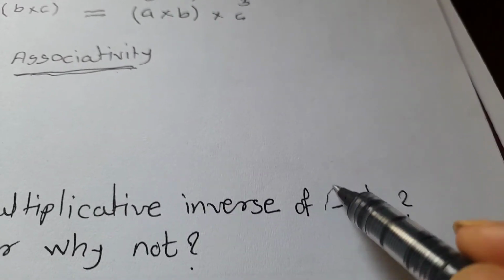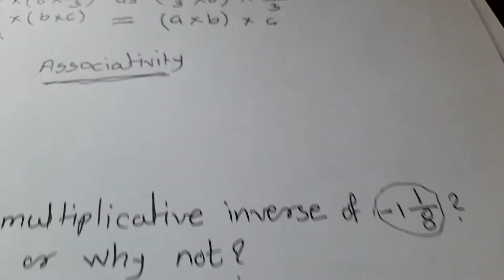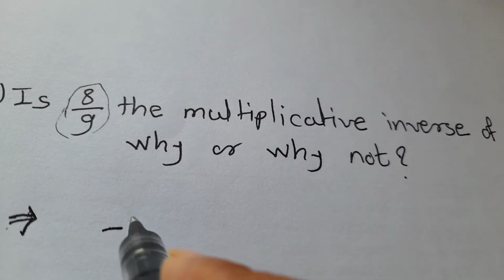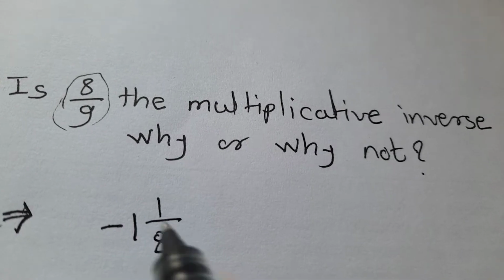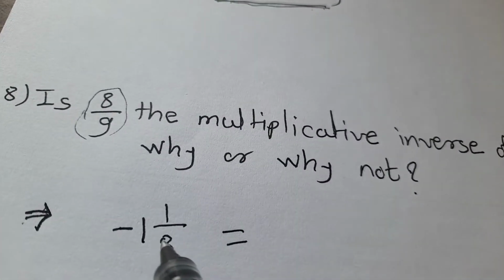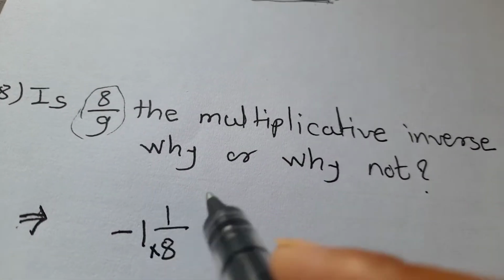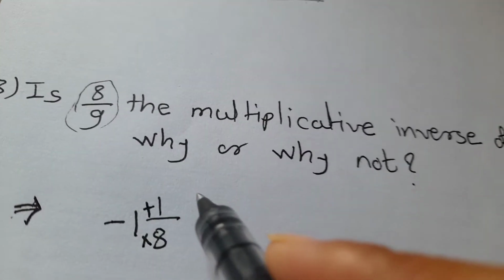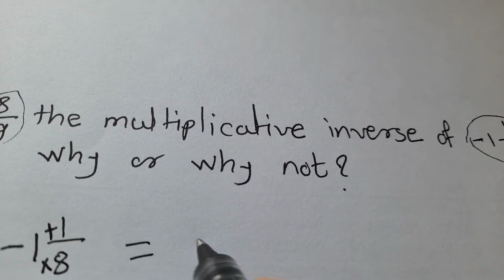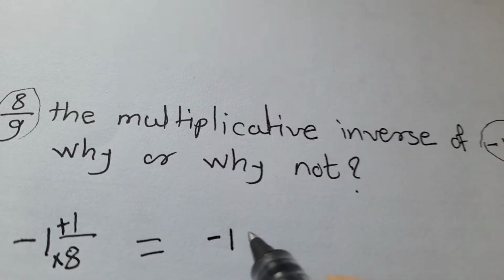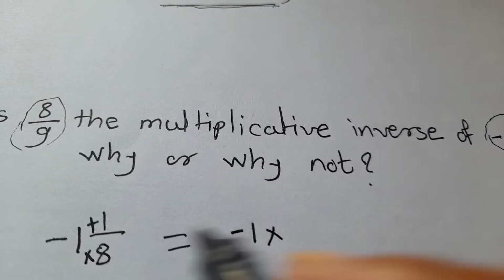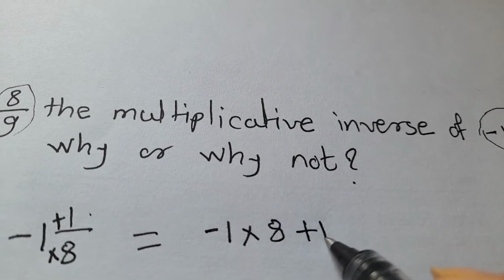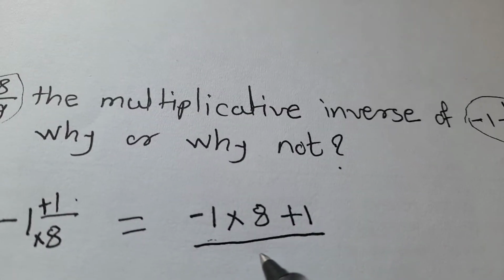We know that this is a mixed fraction. Let us solve this first: minus 1 upon 8, which is a mixed fraction. We multiply minus 1 by the denominator and add it in the numerator: minus 1 multiplied by 8 plus 1 upon 8.